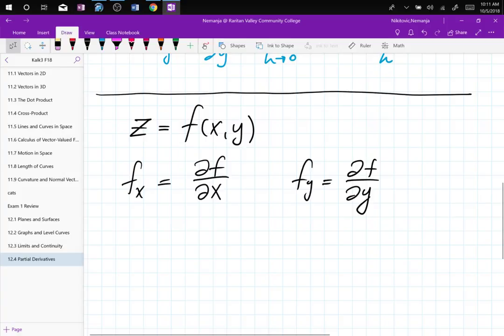So you have to get used to, in Calc 3, the fact that x and y are both equally valid and powerful independent variables. It used to be x only, now it's x and y. So whatever you learn for x, it's the same exact idea for y.